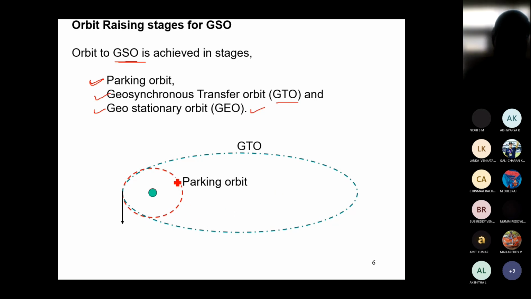Now when your satellite is moving in the parking orbit, at this particular point, which is called the perigee, if we consider the GTO as an elliptical orbit, this location is the perigee, and this location is the apogee in the GTO. At perigee, it will gain additional velocity with some thrust. With additional velocity, the satellite will change its orbit from the parking orbit to the GTO.